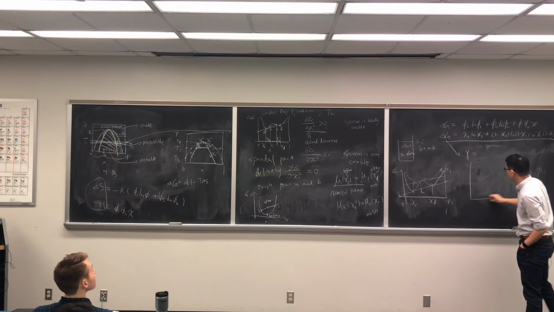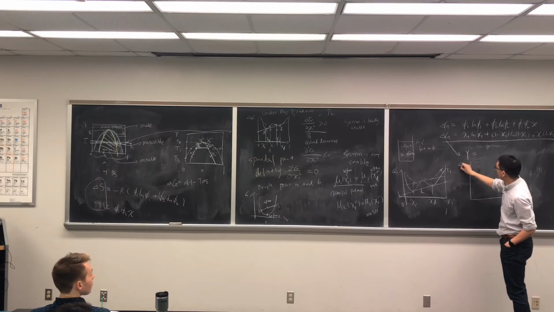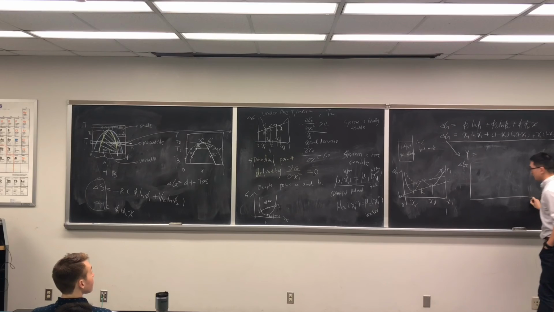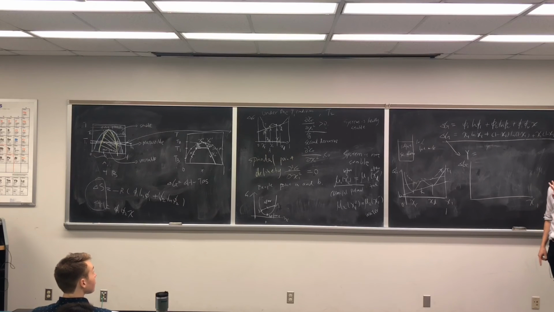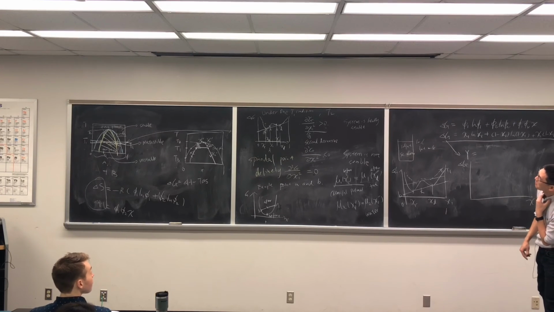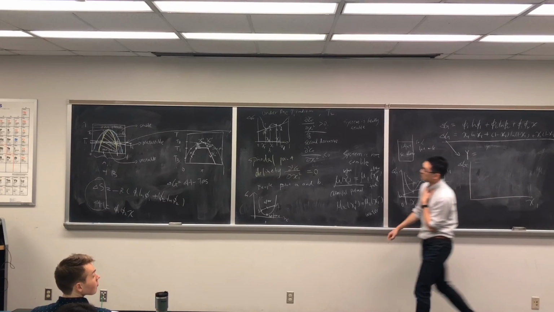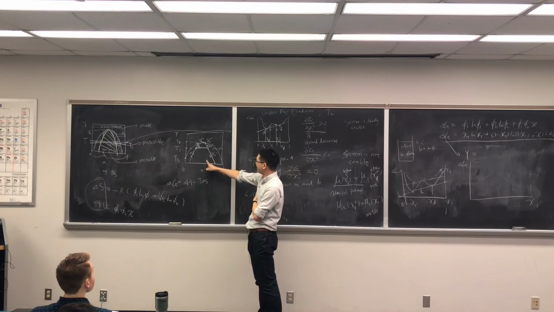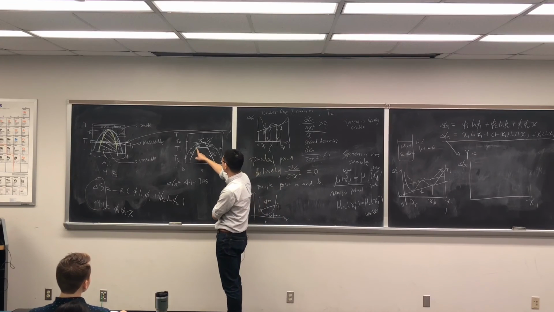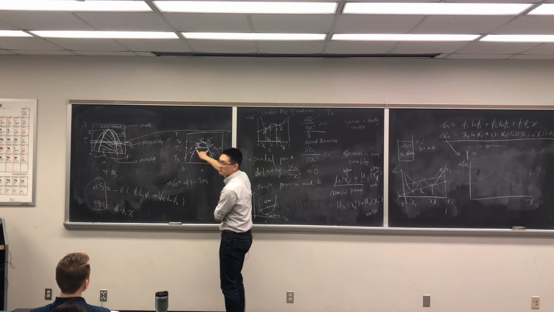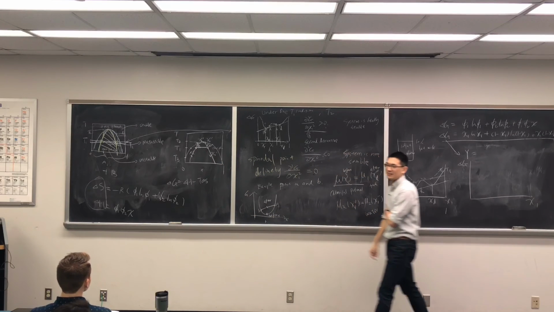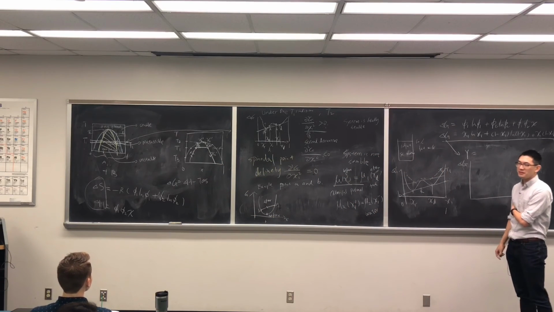So let me show you. What if we draw delta G versus x1 at different temperatures? We can give, again, T1, T2, T3. I like the example that Michael helped me with. So let's reconstruct this one, which means T2 has a little bit wider spinodal point.